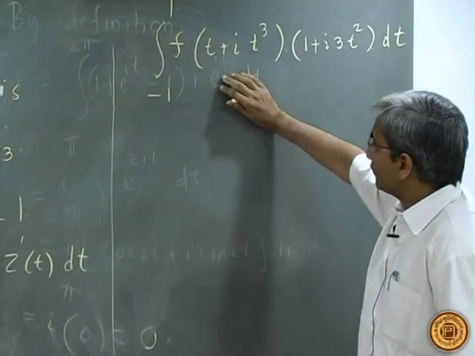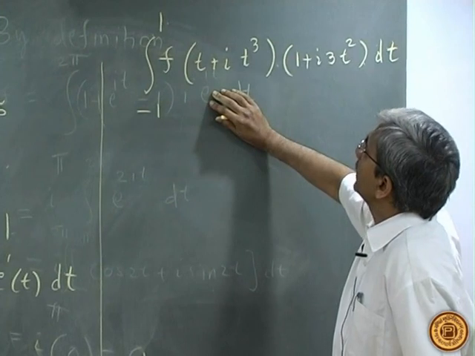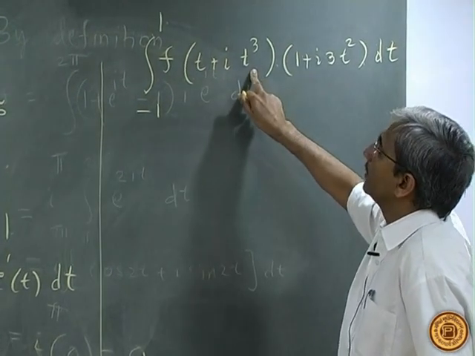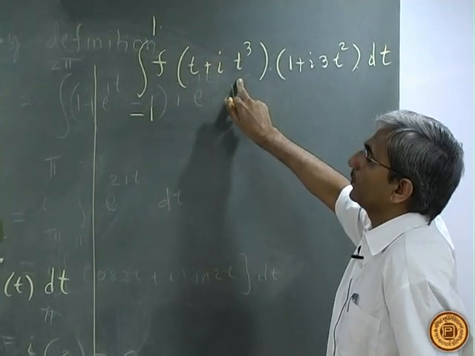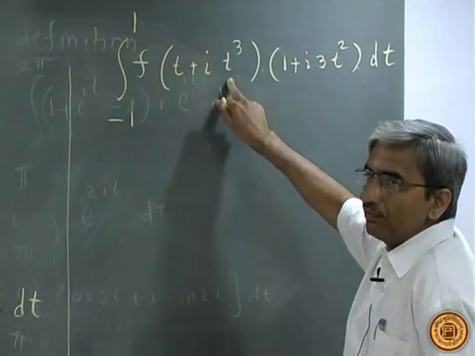How to find f? The definition of f is given, that if y is negative, now what is y here? This is x plus iy. So this y coordinate is t cube. So when t cube is negative, its value is 1. But t cube is negative if and only if t is negative.